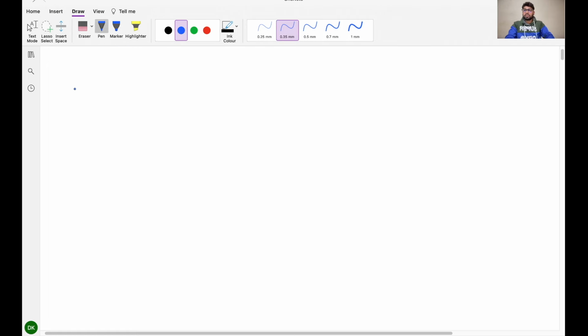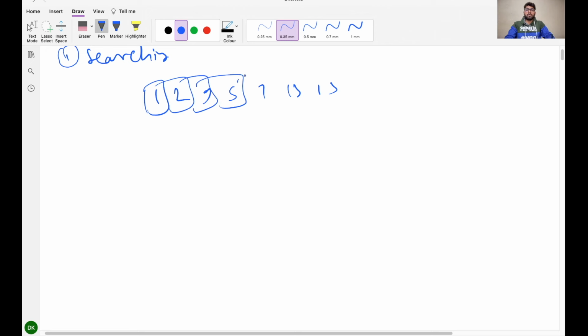Okay. So first of all, what is searching? Let's say I have an array 1, 2, 9, 5, 7, 13, 15, and I have to find x equal to 7. So how can we find an element in this array? This is index 0, 1, 2, 3, 4, 5, 6.